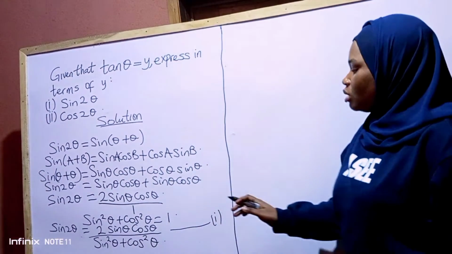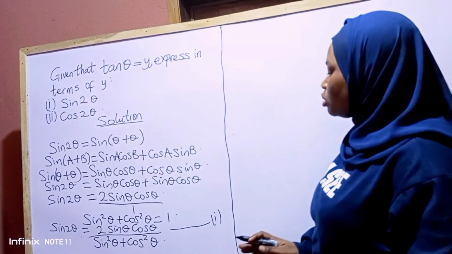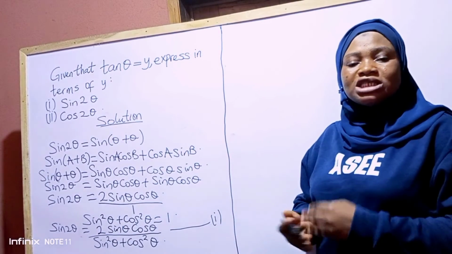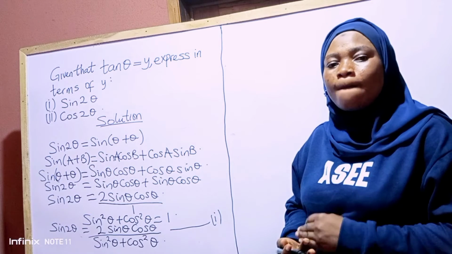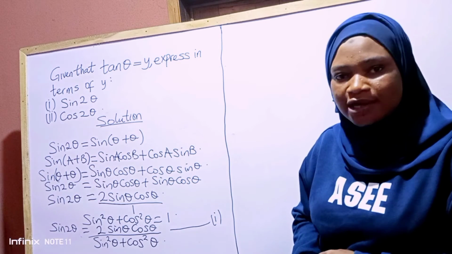So now, the right hand side of equation 1, we are going to divide both the numerator and denominator by cos squared theta.